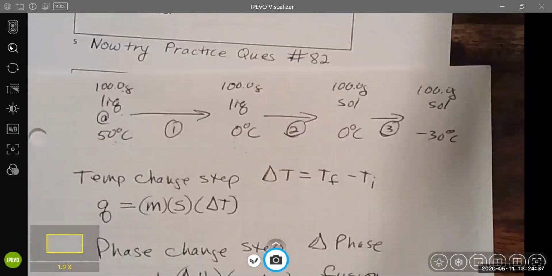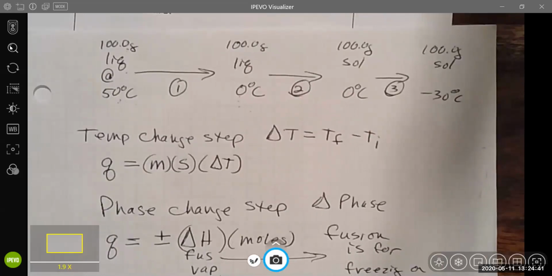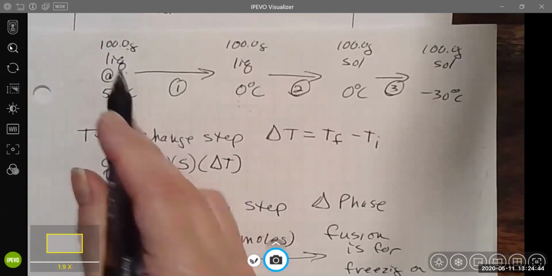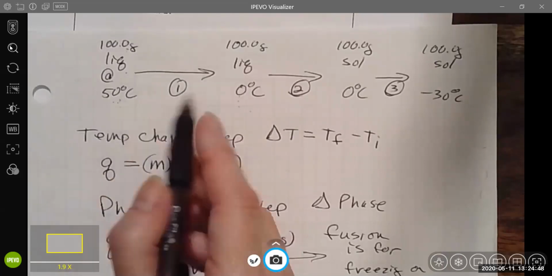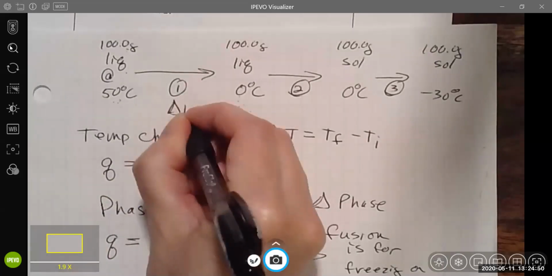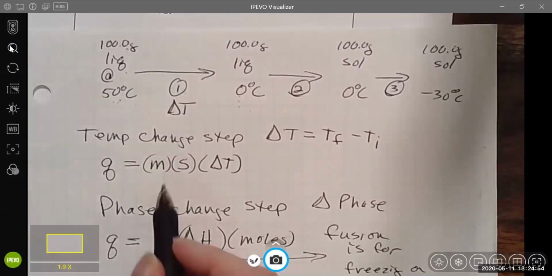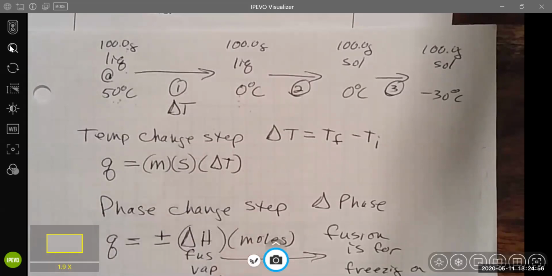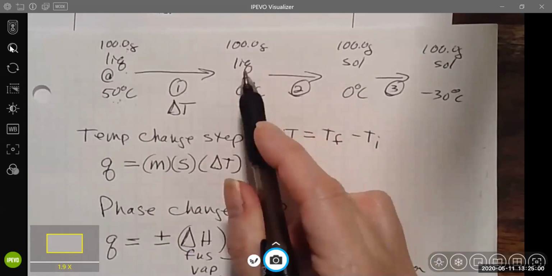Let's go back up here. So let's look at our steps here. We've got 3 steps. What kind are they? Well, we got this one. We got a liquid, so we're not changing the state on this arrow, liquid to liquid, but we're changing the temperature. So this is a change in temperature type step. This one, the temperature is not changing, but we're going from liquid to solid.